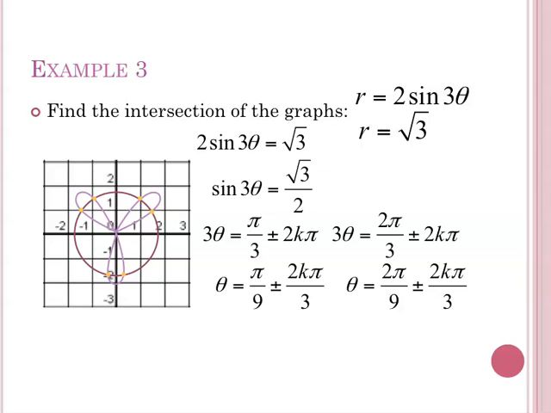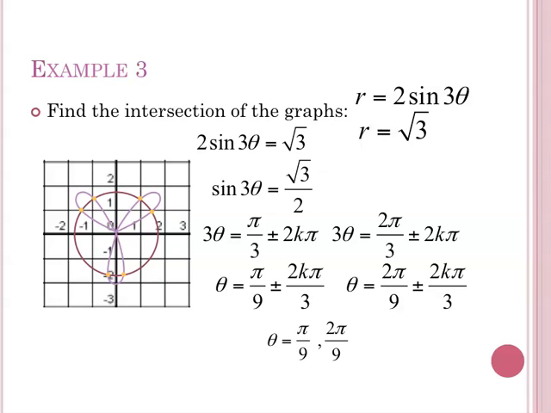So from here, if you recall, we're trying to find all the values between 0 and 2 pi. So we know that pi over 9 is a value and 2 pi over 9 is also one as well. But remember, with multiple angles, we should have 3 times that number. Right now we have 2, and 3 times that is 6, which makes sense because we have 6 intersection points.